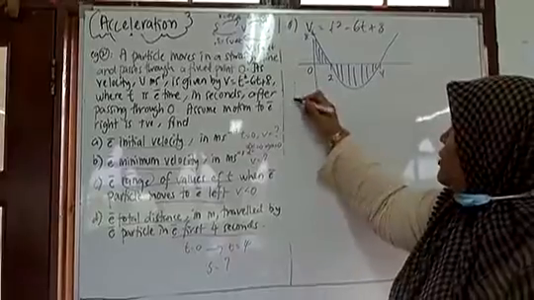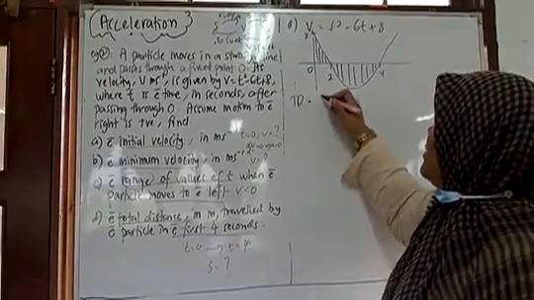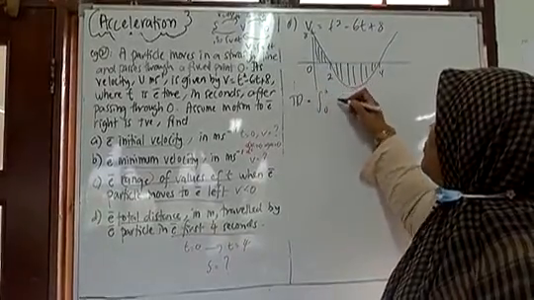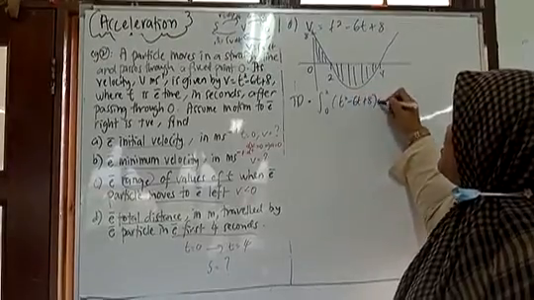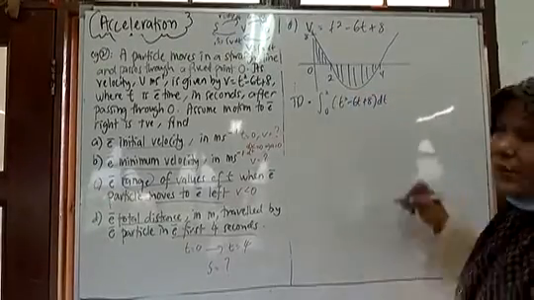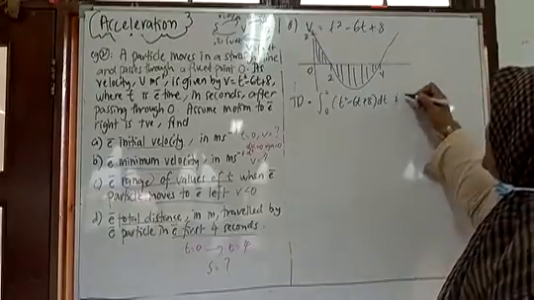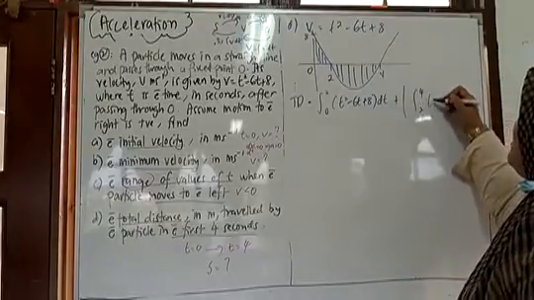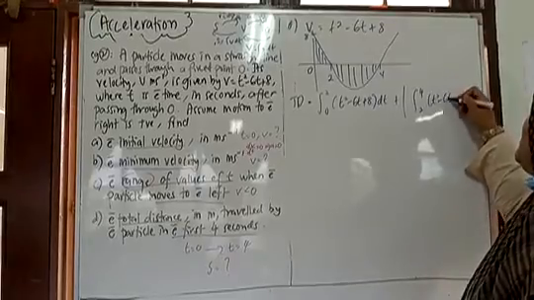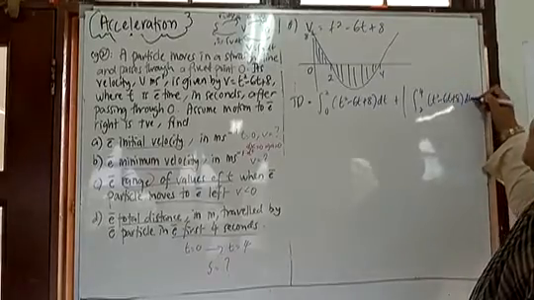Our total distance will become the integral from 0 to 2 of (t² − 6t + 8) with respect to t, plus the integral from 2 to 4 of (t² − 6t + 8) with respect to t.